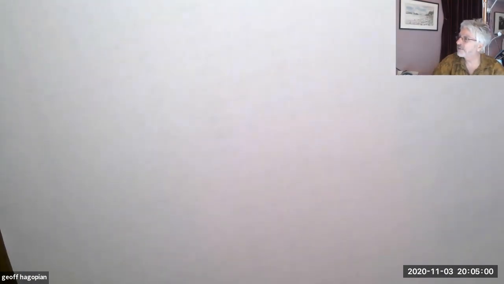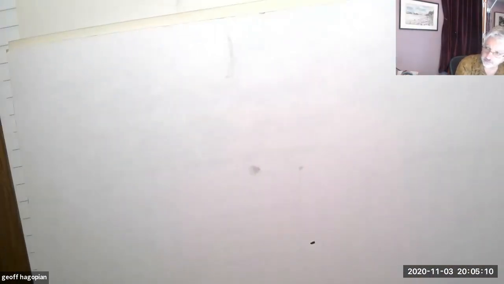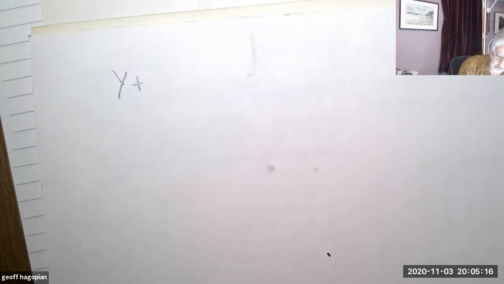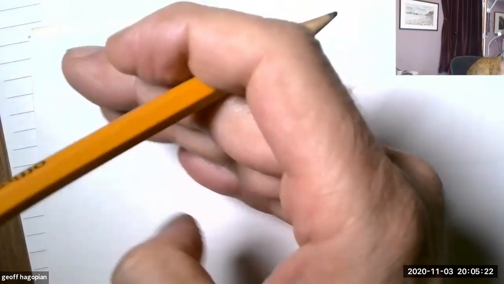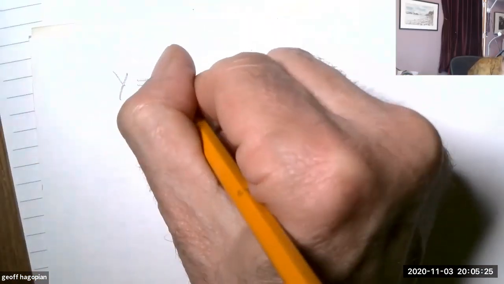How about 42? Very similar sort of thing. So in general, let's draw the general case, shall we? So if you've got a situation where you have y equals, I'm just going to put in parameters here, right?